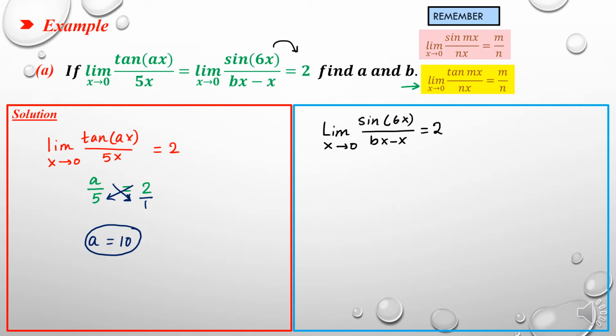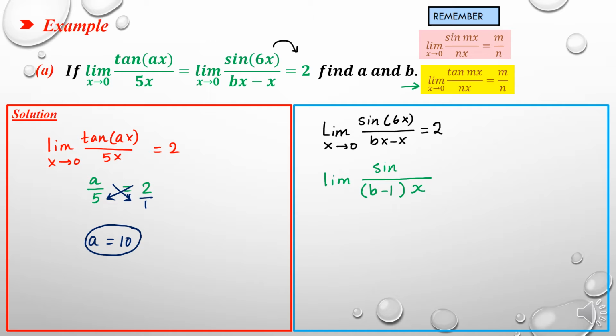So for the limit in the left hand side, you have to take the greatest common factor in the bottom, which is x, and you will get b minus 1 in the bracket here.